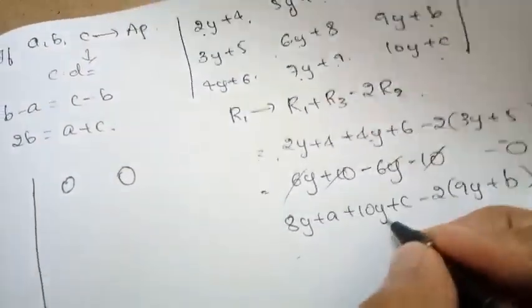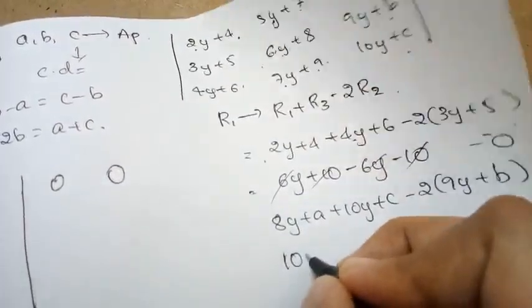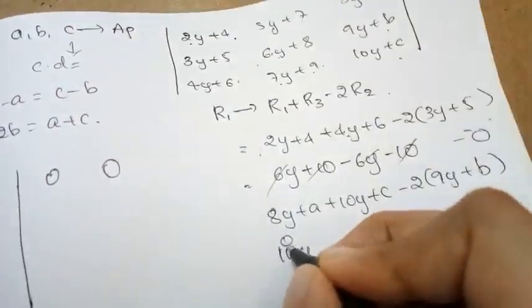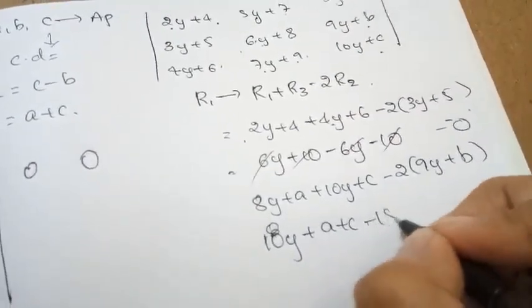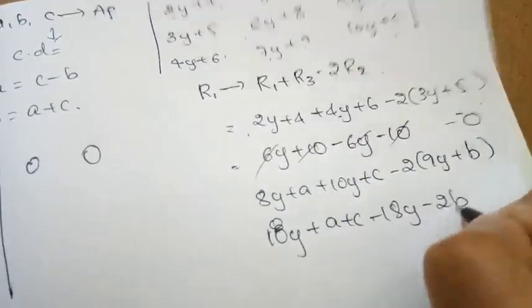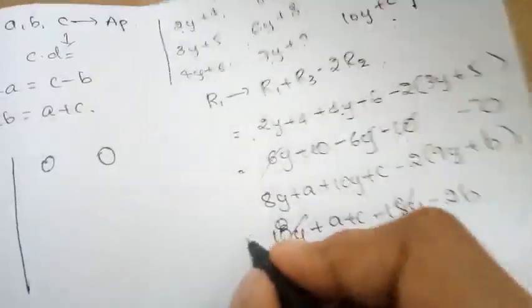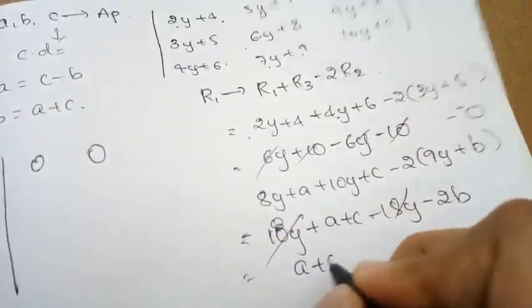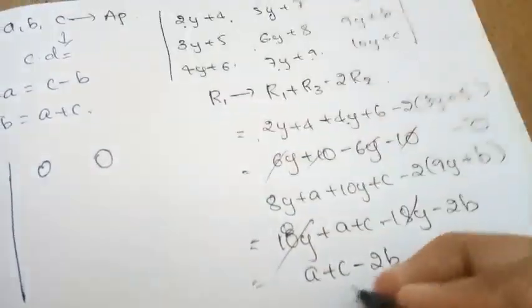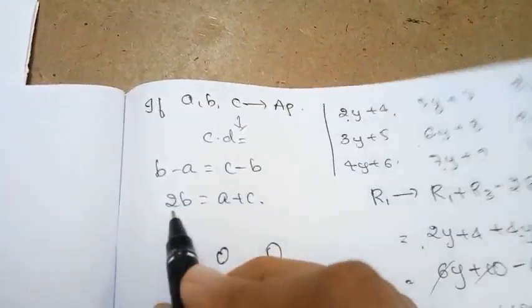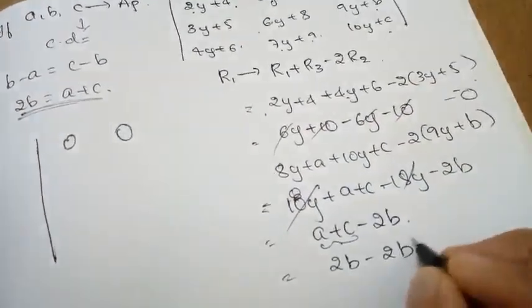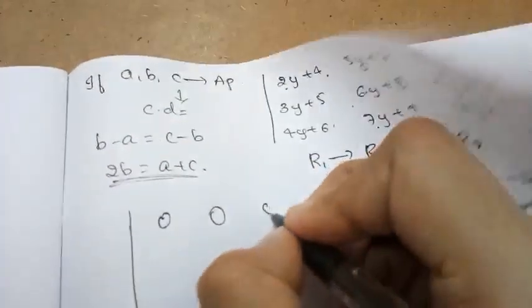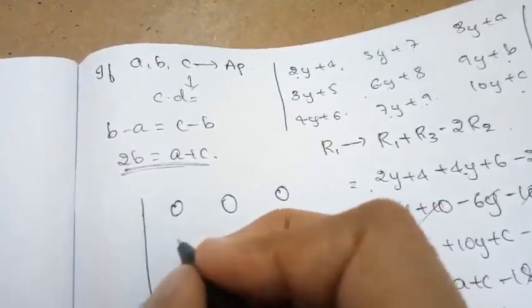So what does this imply? 8y plus 10y is 18y, plus a plus c minus 18y minus 2b. So plus 18y minus 18y cancels. What is remaining? A plus c minus 2b. Since we know that a, b, c are in AP, we have 2b equal to a plus c. So a plus c can be replaced by 2b, minus 2b, which is nothing but 0. So even the third element of the first row is also 0.